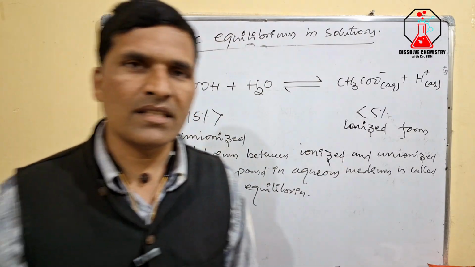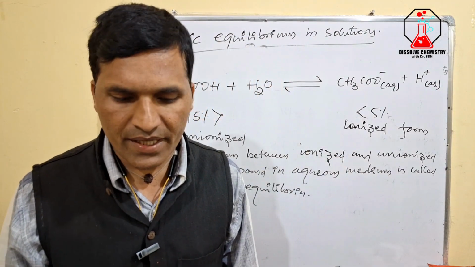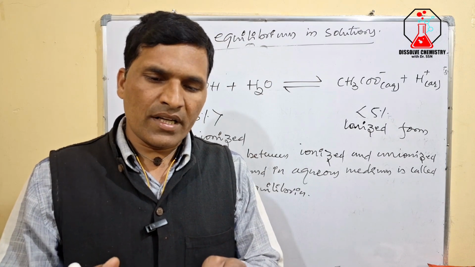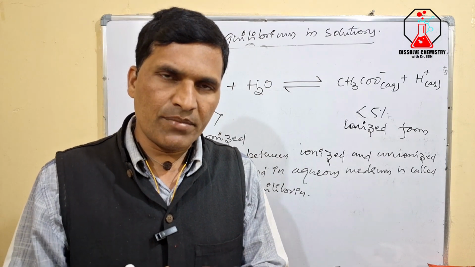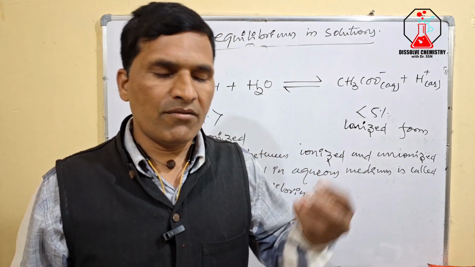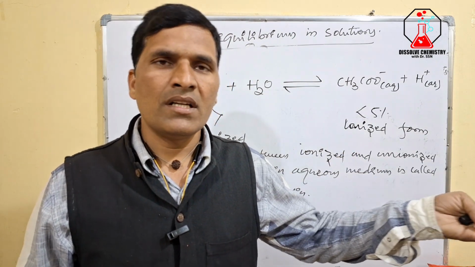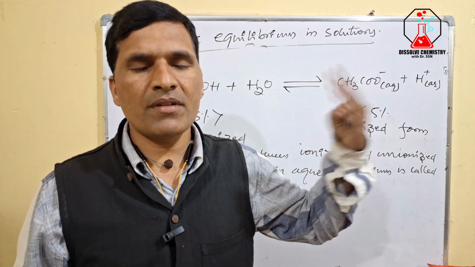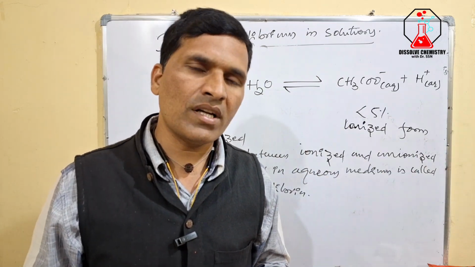So that is nothing but ionic equilibria. Strong electrolytes are not going to establish any equilibrium, but weak electrolytes are, and you will find ionized and unionized forms. The dynamic equilibrium between ionized and unionized form, we call ionic equilibria.